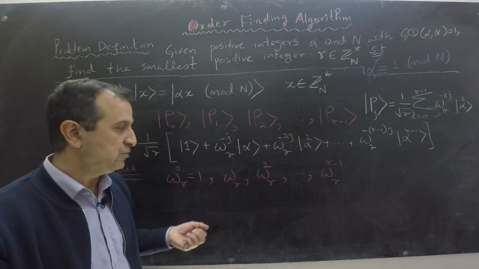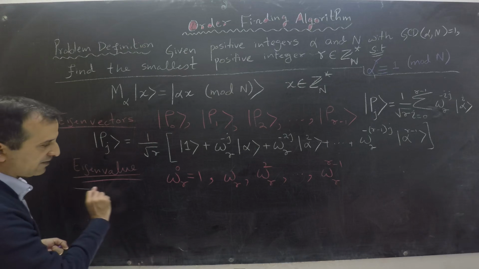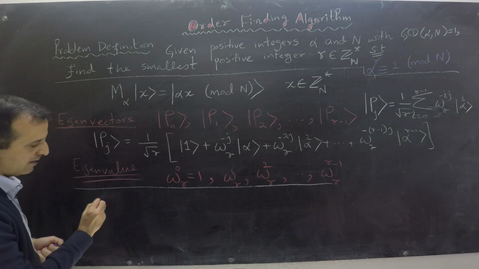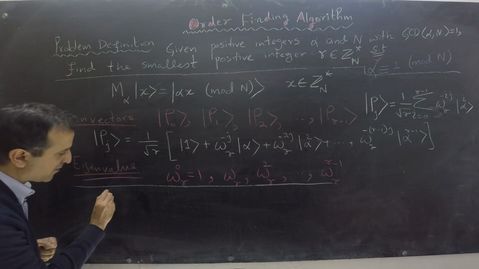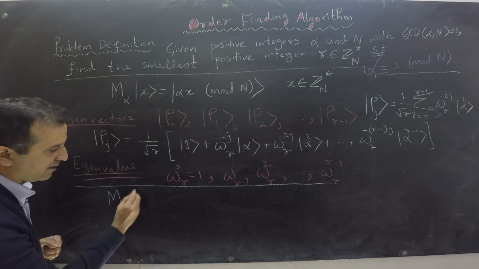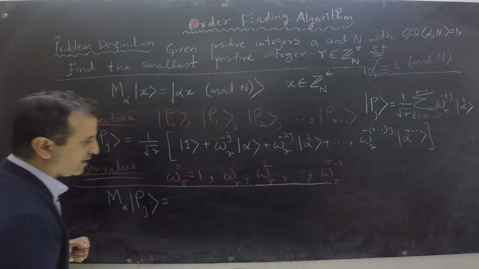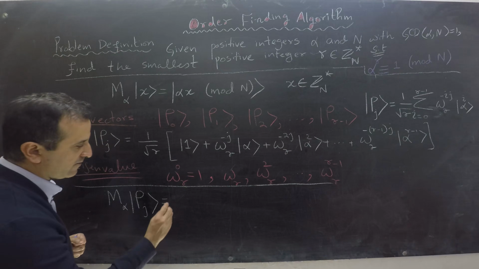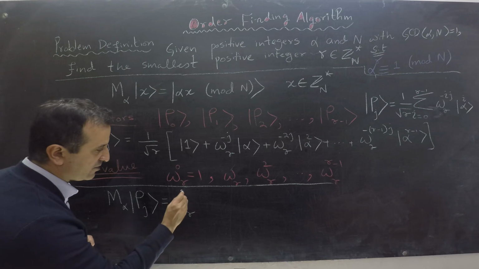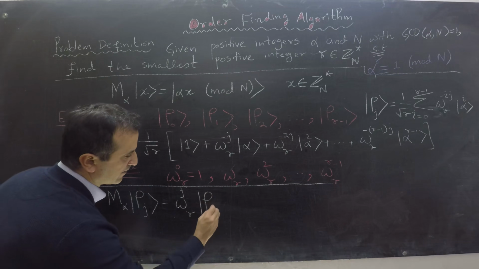So if these are valid eigenvectors and eigenvalues, then this equation must be upheld: my unitary matrix M times eigenvector rho j must be equal to eigenvalue omega r raised to power j times eigenvector rho j.